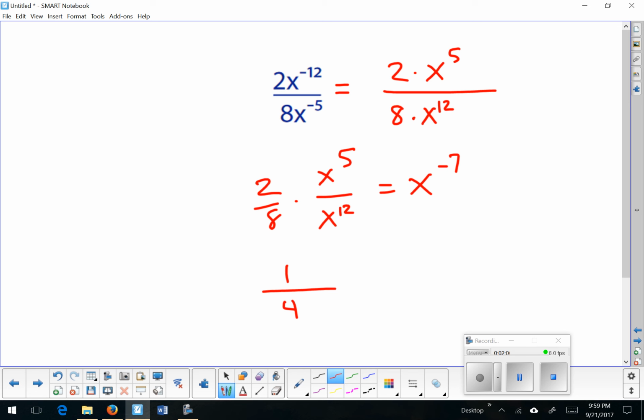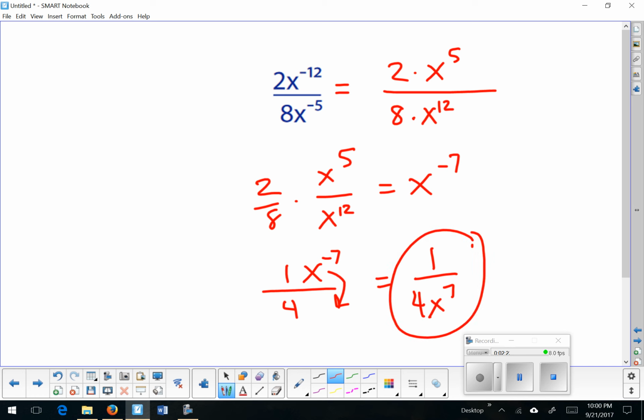Now if I leave it in the numerator, it would be a negative 7. But if I wanted to move it down to the denominator, I would get this, positive 7. And typically when you are simplifying an algebraic expression, you always leave your powers positive.